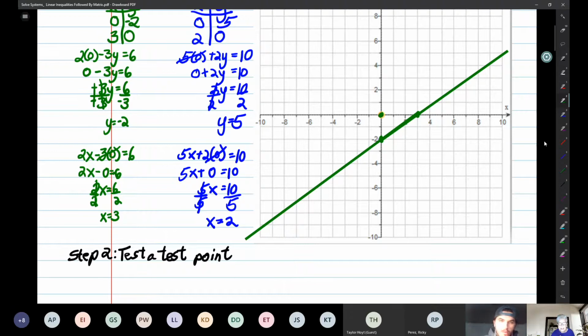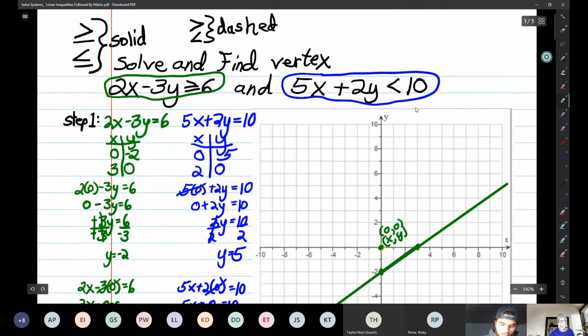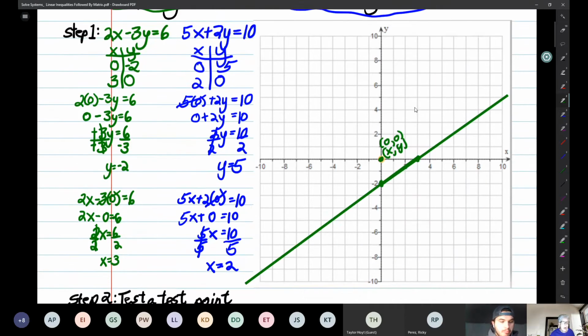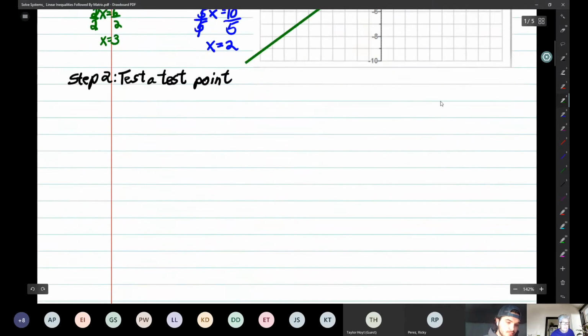And here's how I test it. Since 0, 0 consists of an x and a y, and both of those are zeros, I am going to take my green inequality. I go back to the inequality now. 2x minus 3y is greater than or equal to 6.